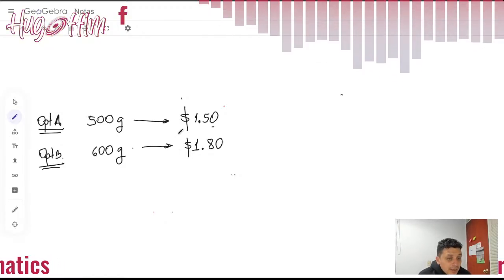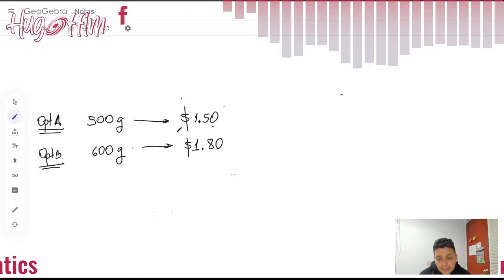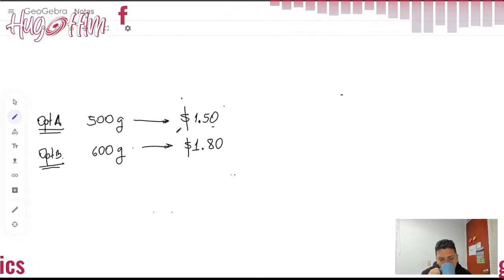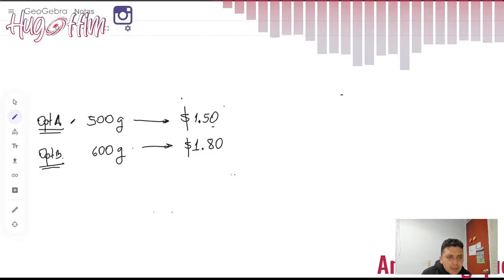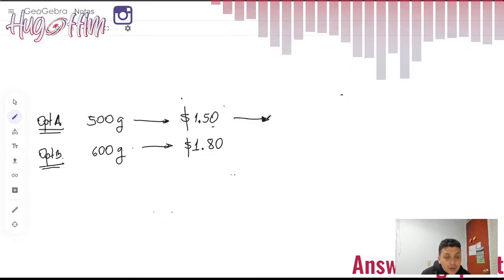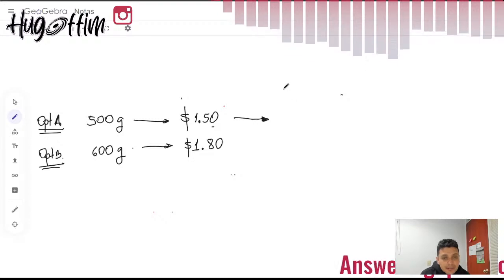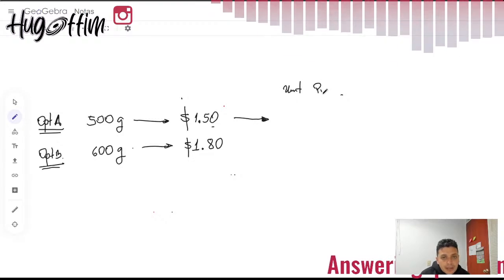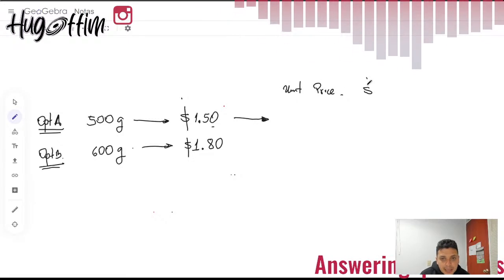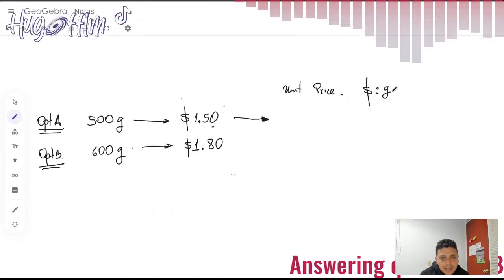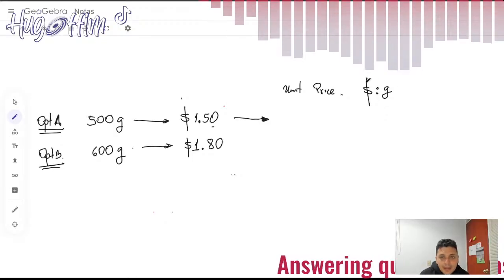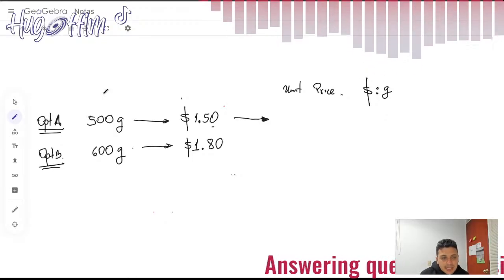Maybe you can guess, but the best way is that you create the unit rate, the unit price. In this case, the unit price is the ratio of the amount of money to the amount of grams.